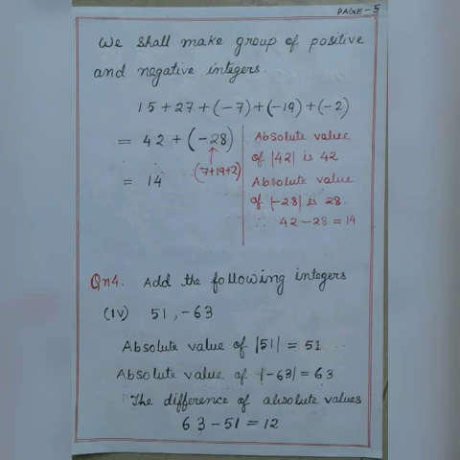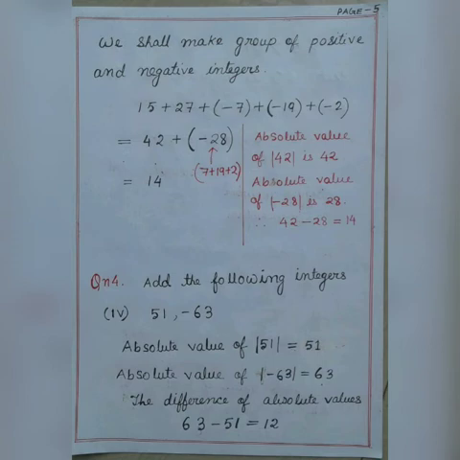As one is positive and one is negative, we have to follow rule 3, that is, find the difference of 42 and 28. The difference is 14. Therefore, the sum is 14. 42 is greater than 28 and 42 is a positive integer, so 14 is also positive.